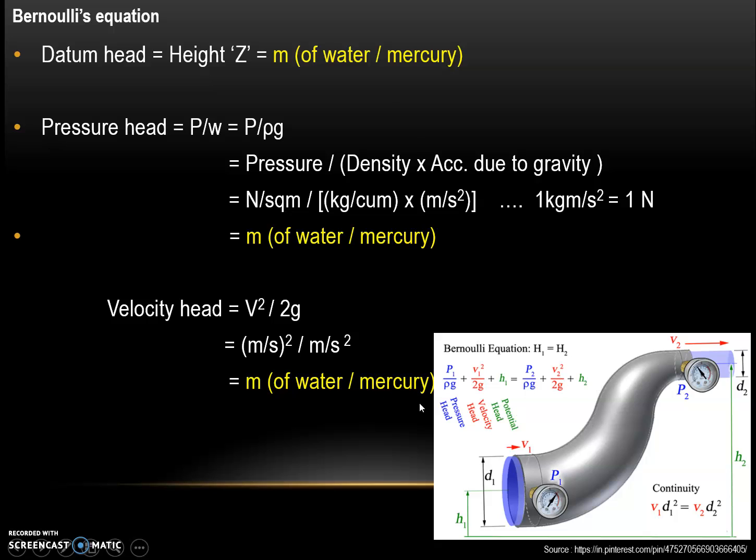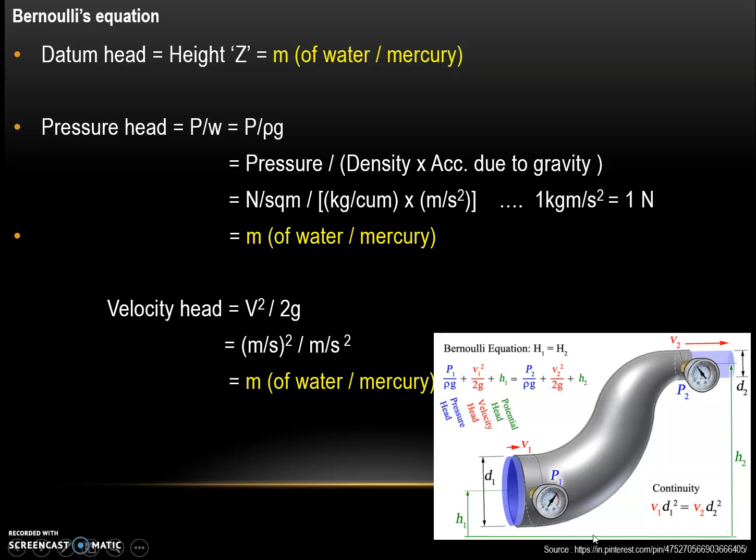These can be shown in this figure, in which there is a pipe of varying diameter, that is, the diameter of the pipe varies from D1 to D2. Let the bottom line represent the datum line or reference line from which the datum head, that is elevation, is measured.